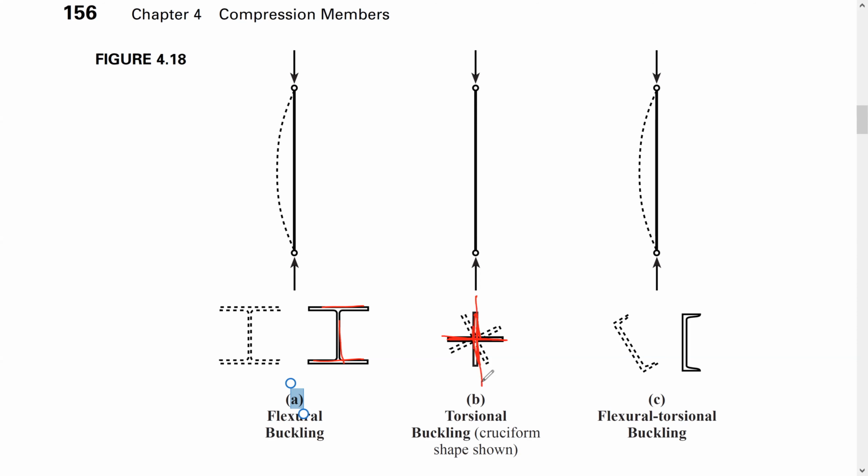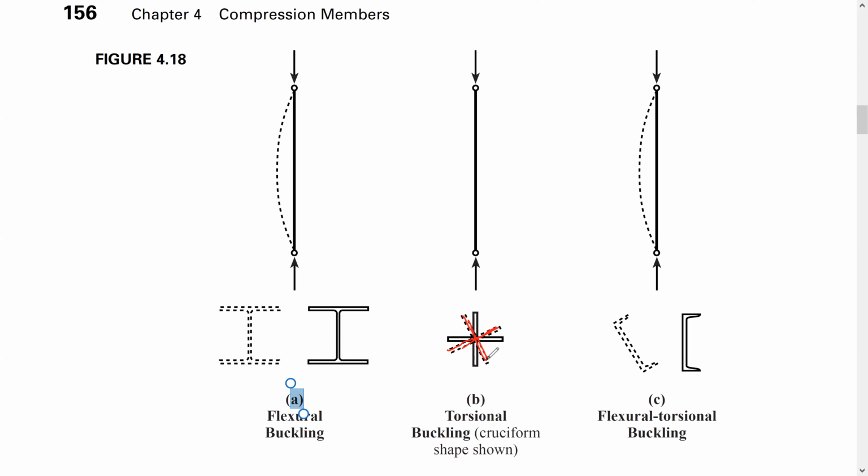If you cut along an axis of symmetry here and there, you will see it's a symmetrical shape in geometry. So in this way, twisting will happen. Twisting means torsion. It will twist without moving from its place, just twisting. So that's what we call torsional buckling.